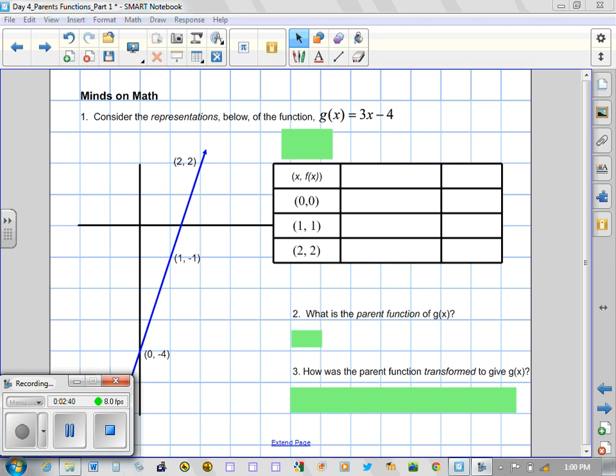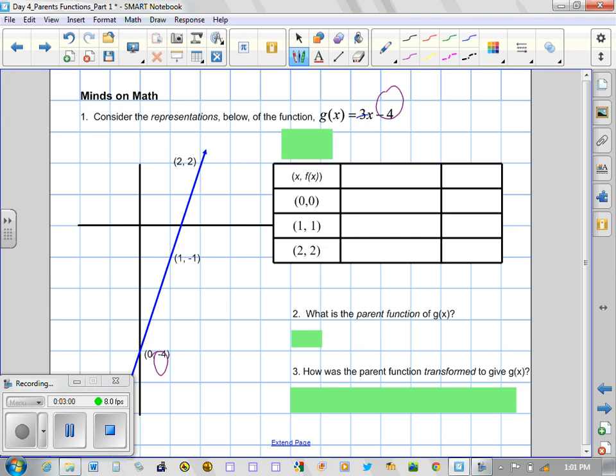Minus 4 is the y-intercept, okay, which we have here, as is indicated in the equation. You can also see that the line does have a slope of 3, okay, as is indicated in the equation. And we can also see that on the graph.